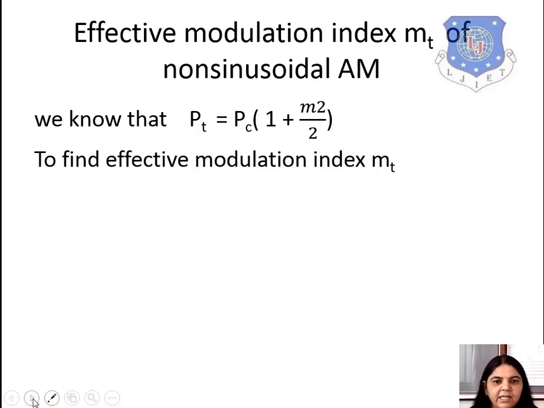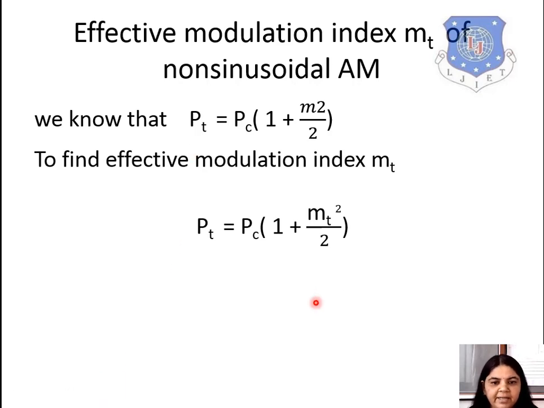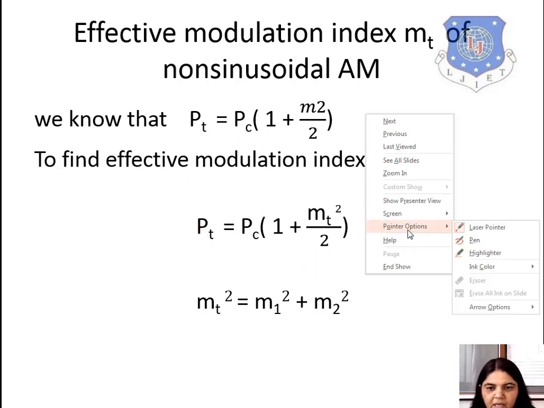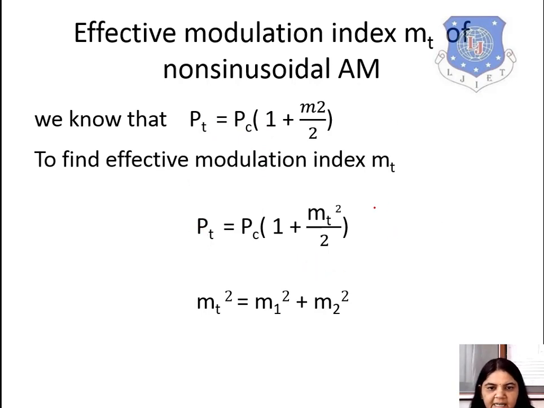So for the effective modulation index MT, over here instead of a small m, I am putting MT. So it is 1 plus MT square by 2. Now we are comparing this equation with this. Both the PT are the same.